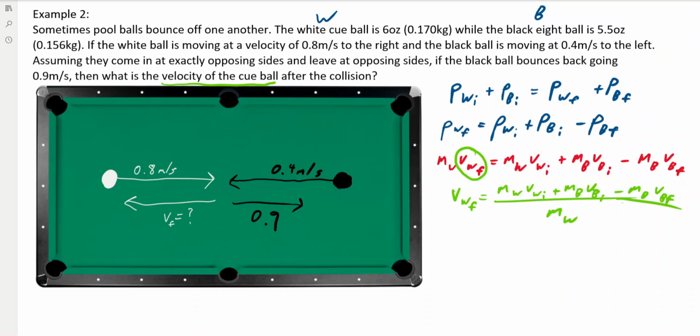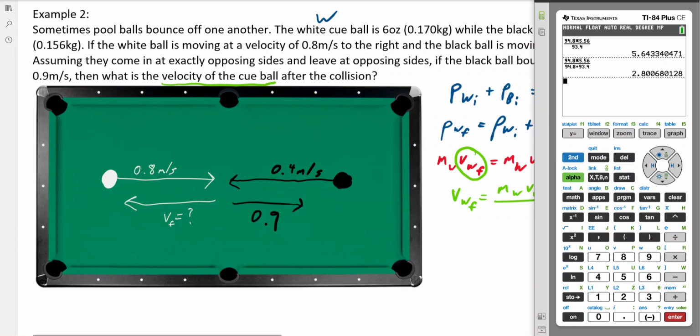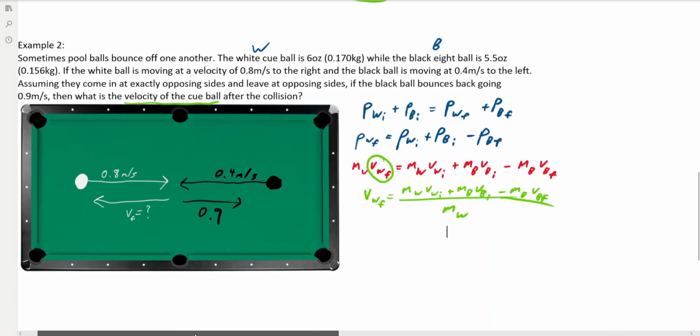Let's go ahead and try to show this on the calculator. I want to make sure we have enough room so you can see the equation. I'm going to just zoom out a little bit.